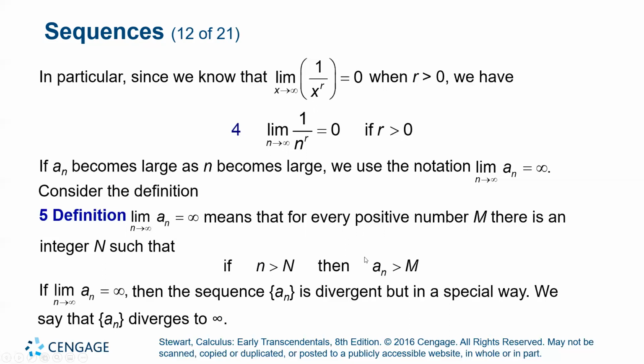So no matter how high you go in the y direction, you can always find an x value that will correspond with that y value. Again, if you go back and look at the original definition of infinite limits, this is identical. But ultimately, if the limit of a sub n equals infinity, that means that sequence diverges, or that sequence is divergent.